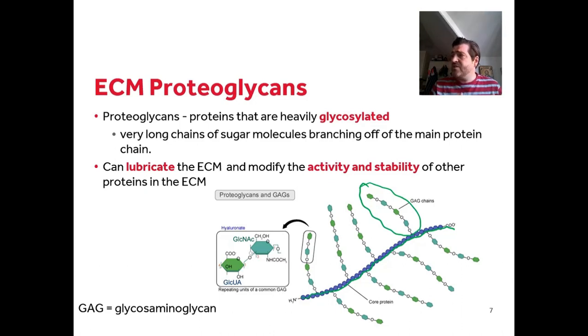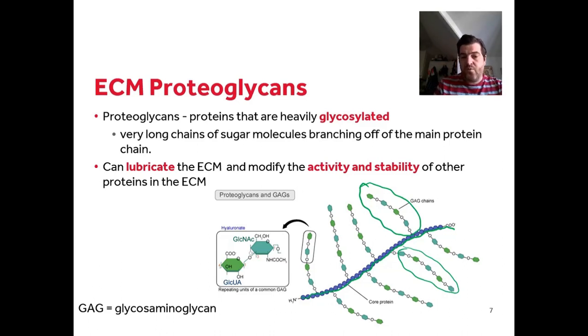And actually, if you were to ice skate on lubricated extracellular matrix, you'd probably be able to ice skate at hundreds and hundreds of miles per hour. It's such low friction. But it's also important that the side chains can modify the activity and the stability of other proteins in the extracellular matrix.